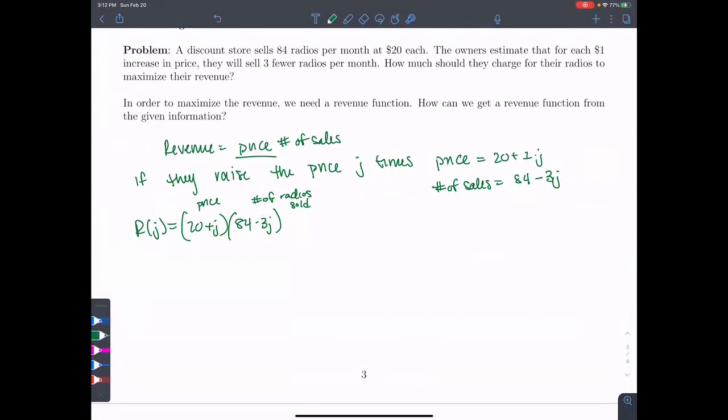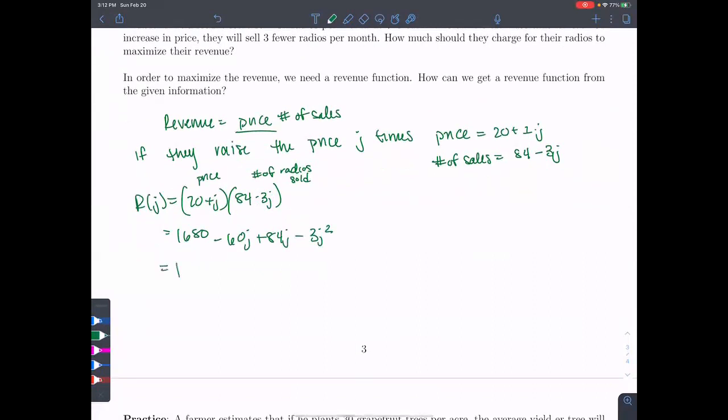We're going to FOIL. So we would have 1680 minus 60J plus 84J minus 3J squared. Combining those middle two terms, we get 1680 plus 24J minus 3J squared.